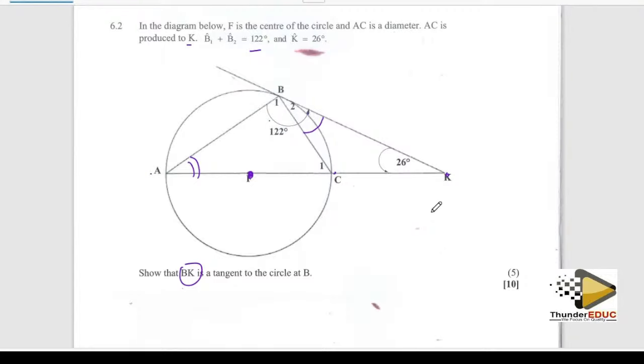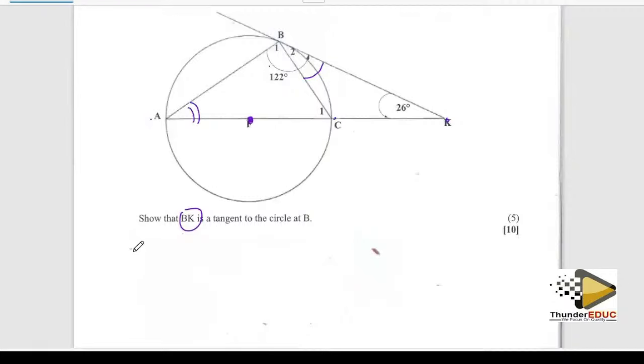So what I can start with, I'll have to find the size of what? I can start with B1, whichever way you want to start. So I'll say B1 is a 90. Remember, AC is the diameter, so the angle at the opposite end of the diameter will be 90 degrees.